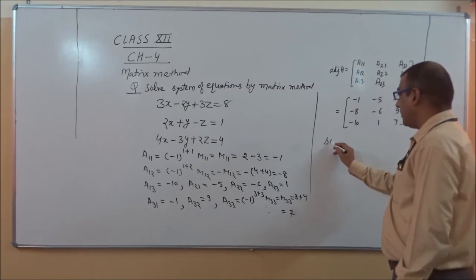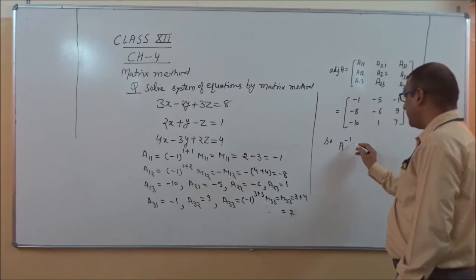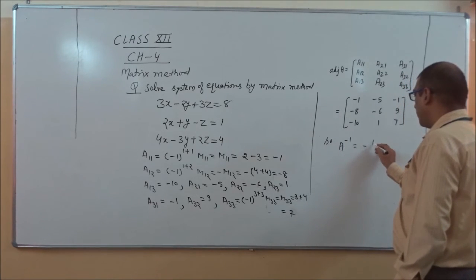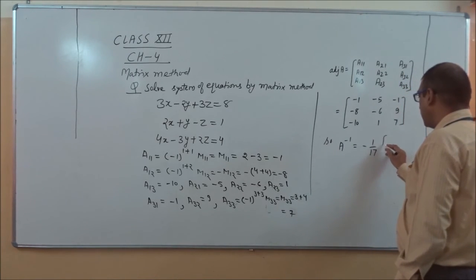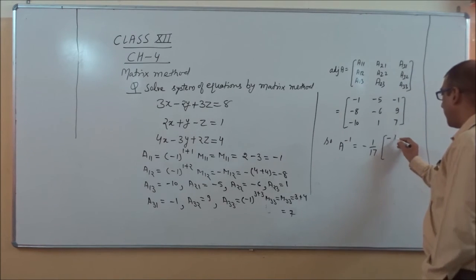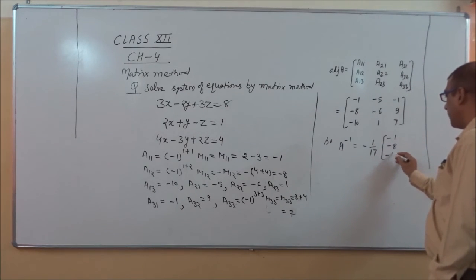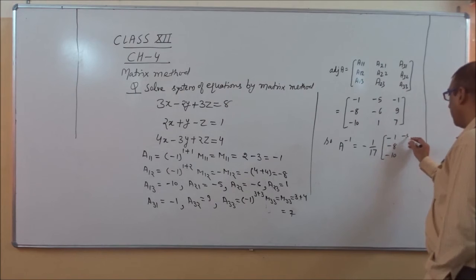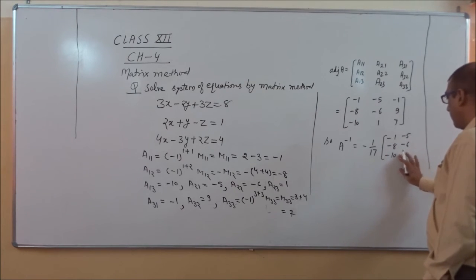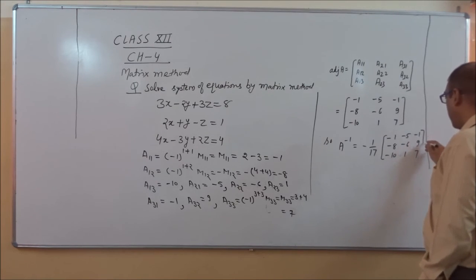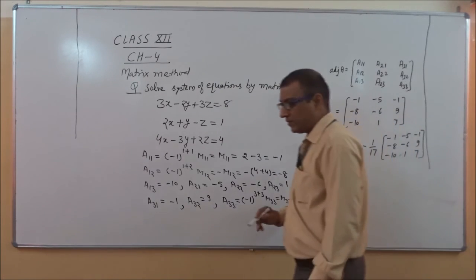So we can say the value of A inverse is minus 1 upon 17 times adjoint A, which is minus 1, minus 8, minus 10, minus 5, minus 6, plus 1, minus 1, 9 and 7. So this is our A inverse.